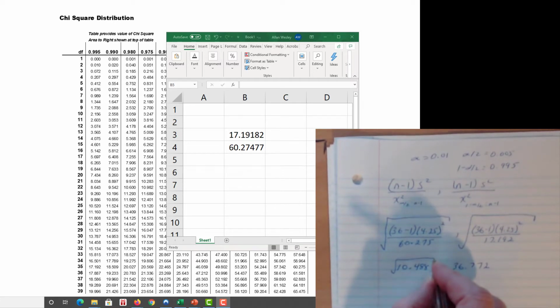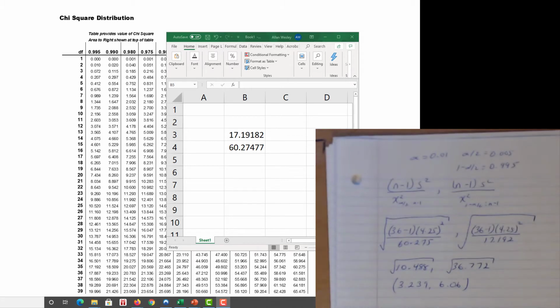And then I square root each one of those. Now I get 3.239 and 6.06 minutes. 4.5 is in that interval, so no evidence to suggest that the standard deviation in wait times has changed here.